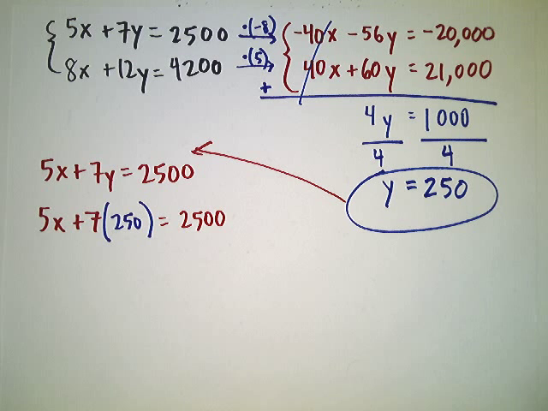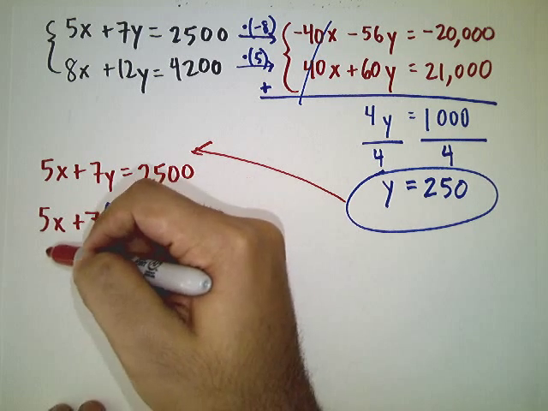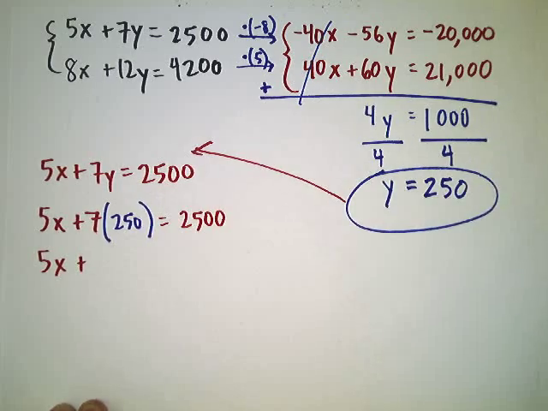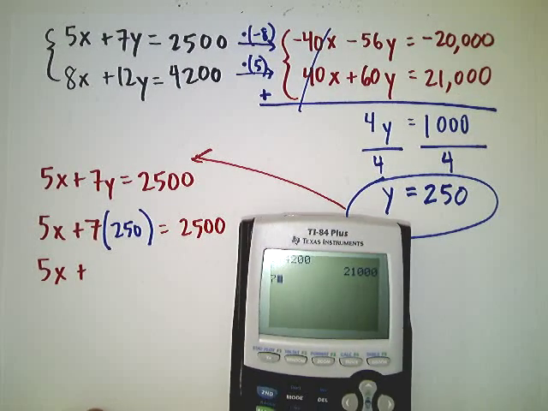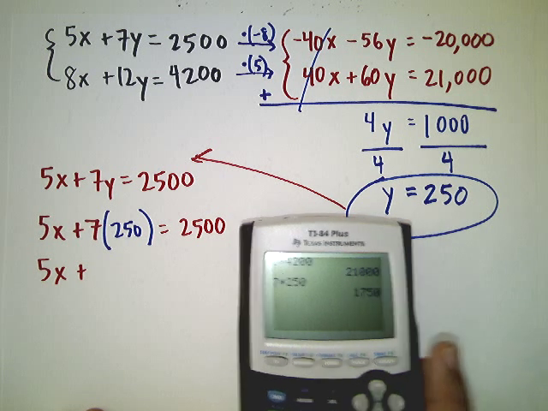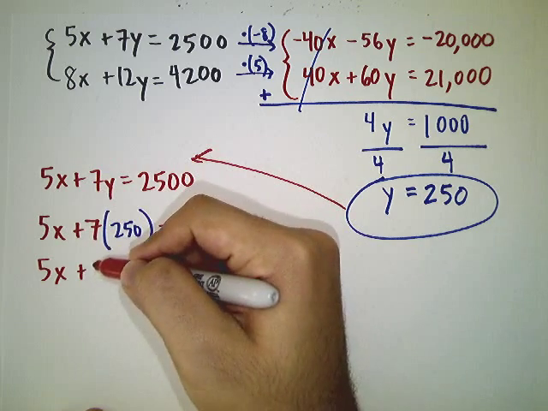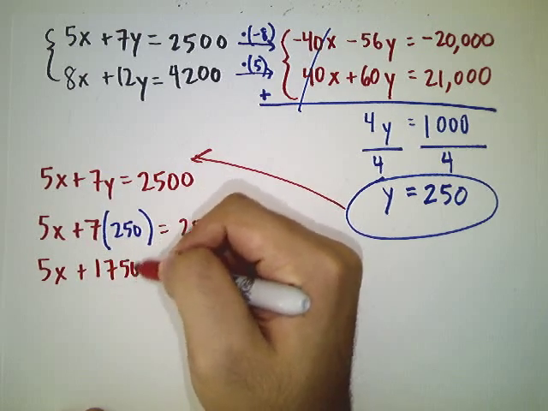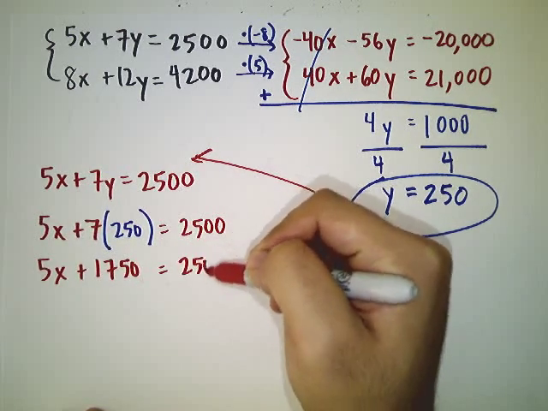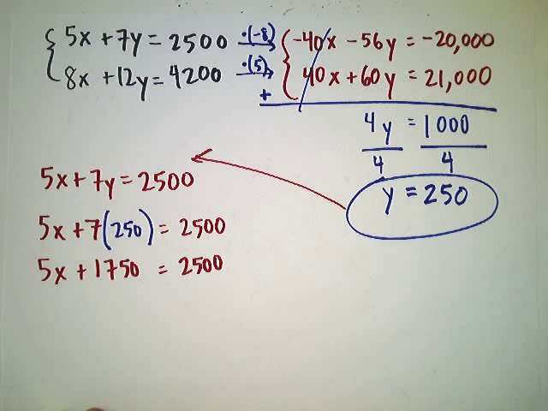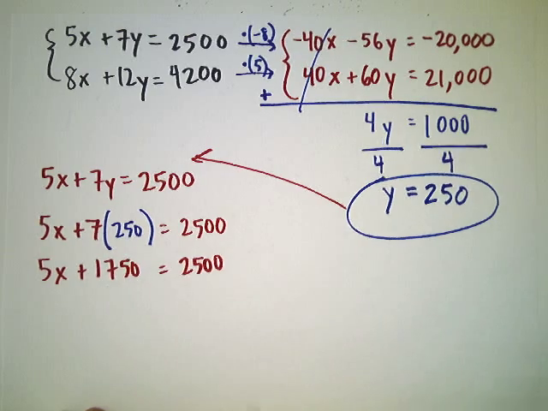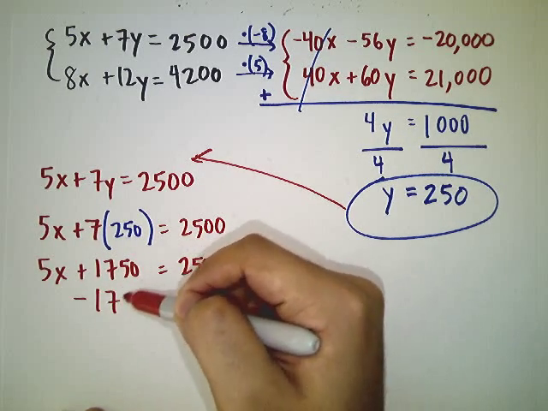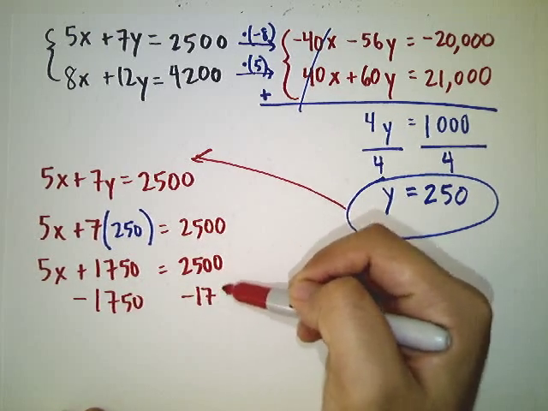Now let's simplify. This will be 5x plus, bust out the calculator, 7 times 250, 1,750. So 5x plus 1,750 equals 2,500. Now we have to undo this plus 1,750, so we'll subtract 1,750 from both sides.